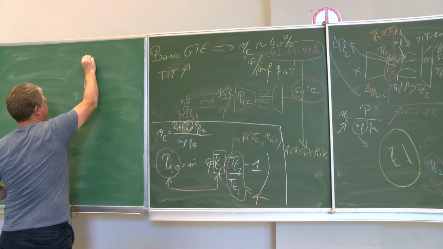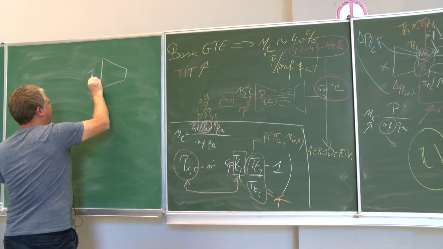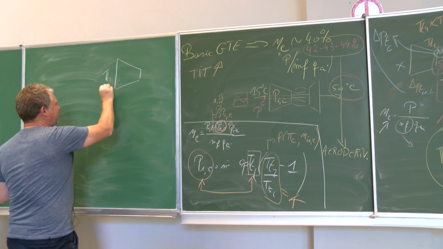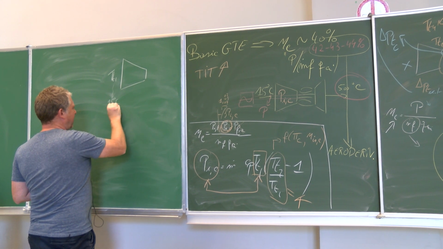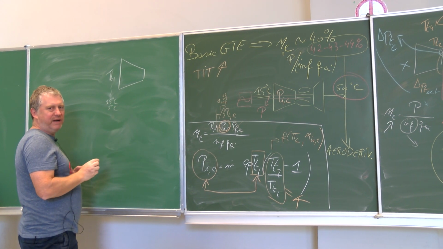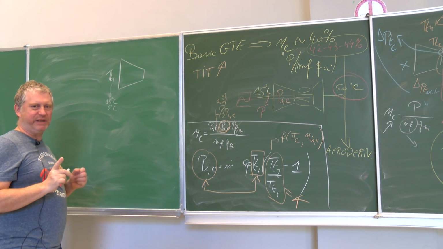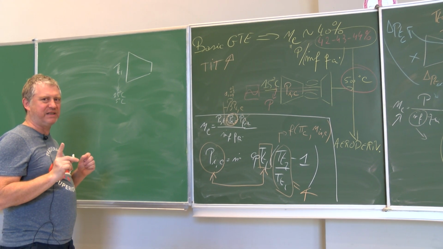You have a compressor and you decrease the TT1. It's not easy, because TT1 is maybe only 15 Celsius. In the winter, maybe only 5 Celsius. Decreasing TT1 can lead to a danger of icing. It's not so easy to decrease the TT1.